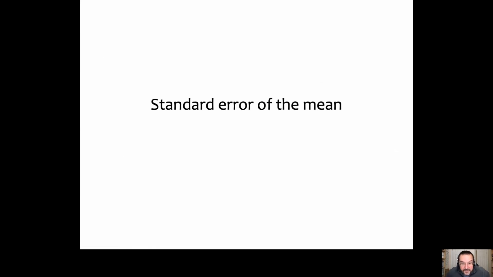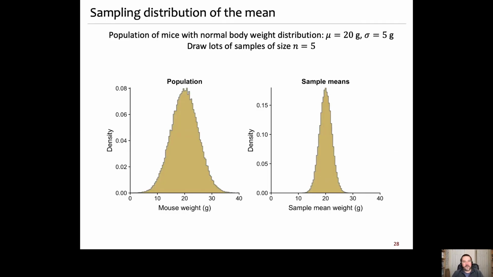Now, the main topic of today's talk is standard error of the mean. In the previous talk, I introduced sampling distribution. And sampling distribution is something like that. You take a population of, let's say, mice. We assume a normal distribution.